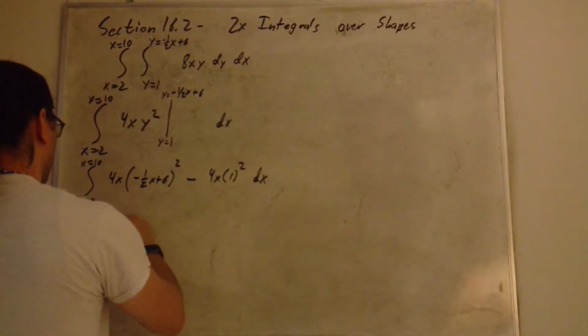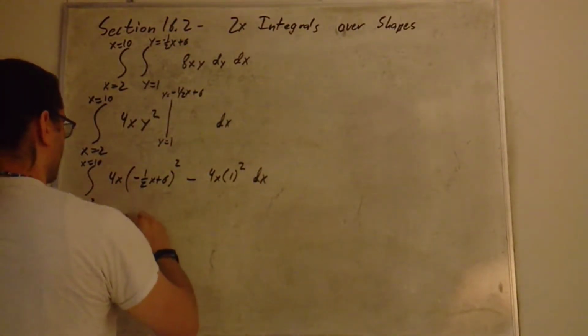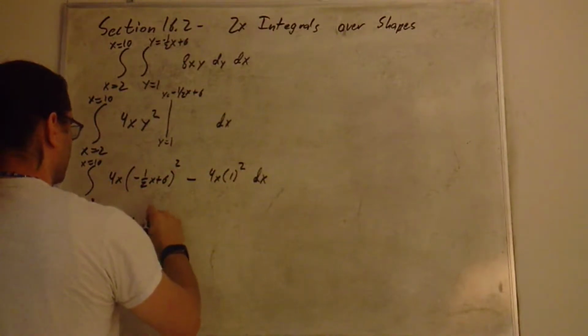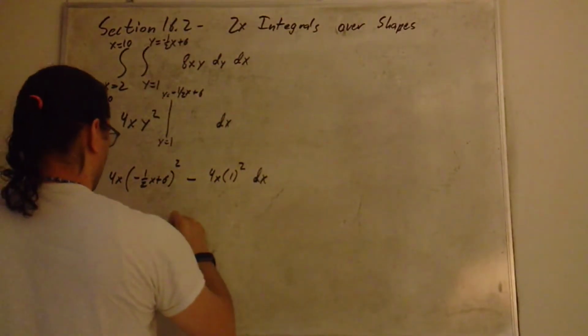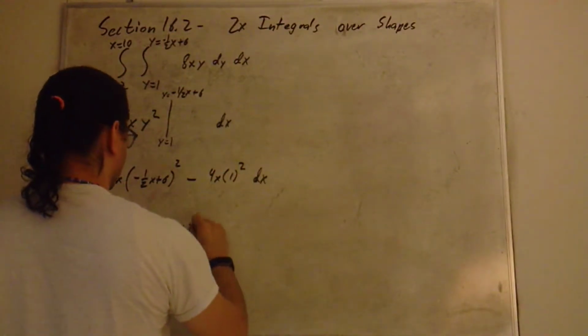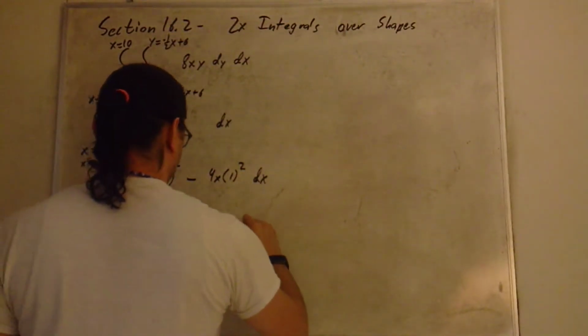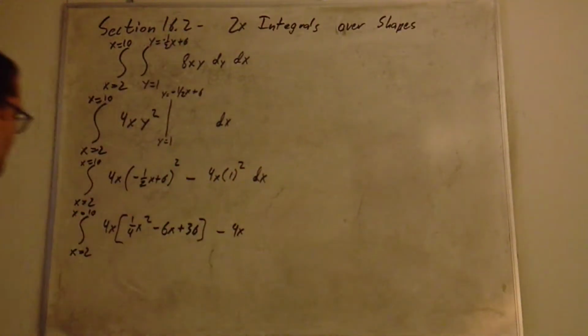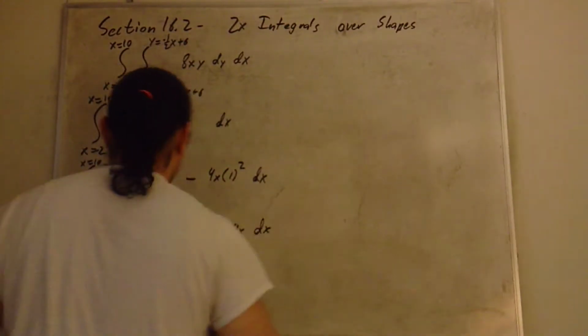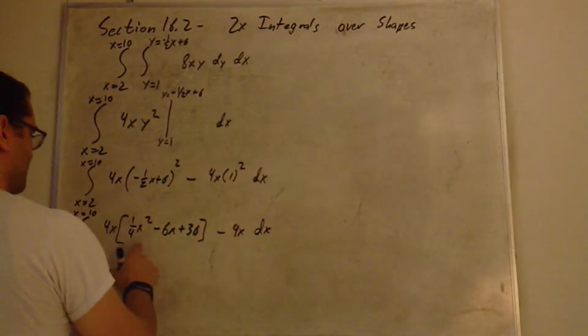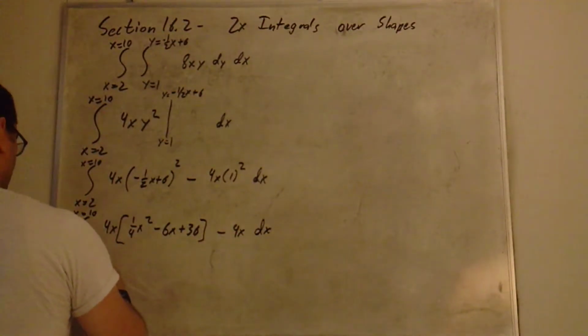So this is going to be 4x times, when you square this, you should get 1/4 x squared minus 6x plus 36, minus 4x, dx. Not so bad. So I'm going to keep simplifying it. I want to distribute this 4x in here, and then combine like terms when it's all done.